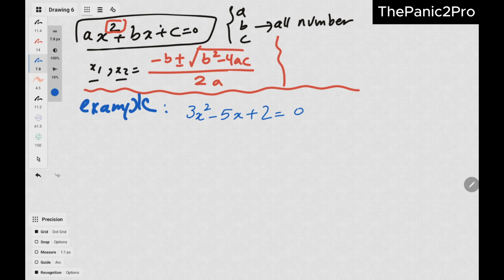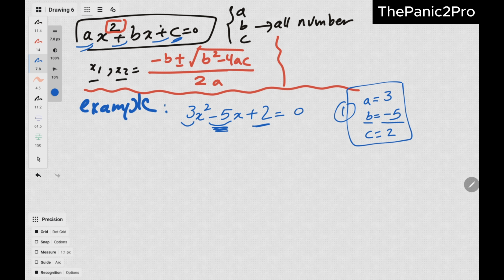The first step is to determine your A, B, and C. Very easy. A is always the coefficient of x2, which is 3 here. B is the coefficient of x, which is minus 5. And remember, we always have plus signs here, right? If you have minus something, the B would be minus something. And then C is the last number here, which is 2. So we have these coefficients, right?